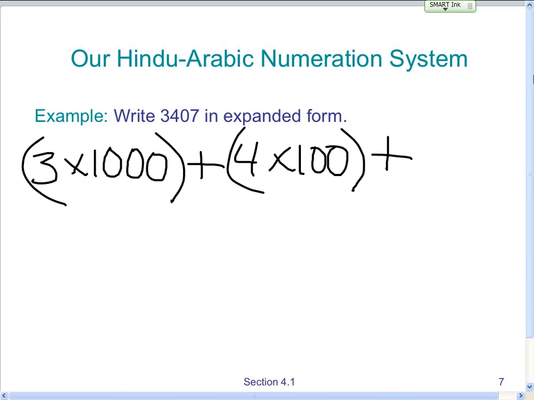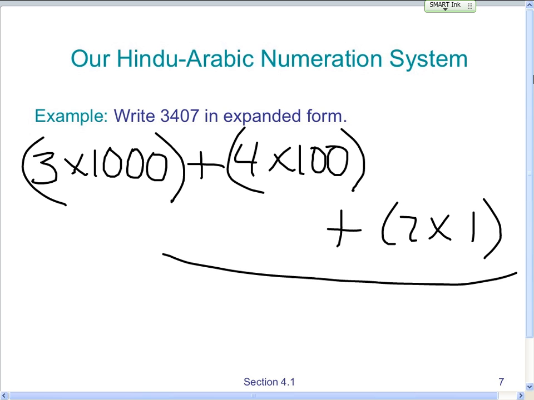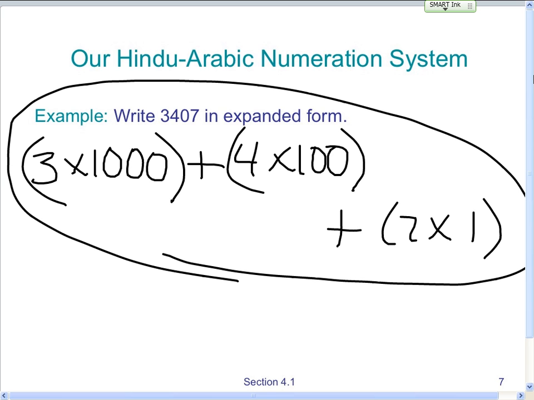You can either put this in or take it out. It really doesn't matter. So you can either write 0 times 10 plus 7 times 1, or you don't have to write the 0 times 10. You can just write 4 times 100 plus 7 times 1. It's really up to you. Either one would be correct. So the final answer would be right there. I usually put in the 0 times 10.